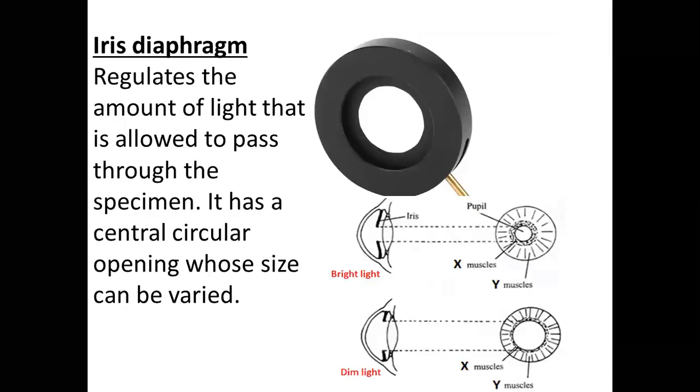Now, I want to say something about the diaphragm. The diaphragm is the one that regulates the amount of light that enters the specimen. How does it regulate? Of course, you can see here the central circular opening area.